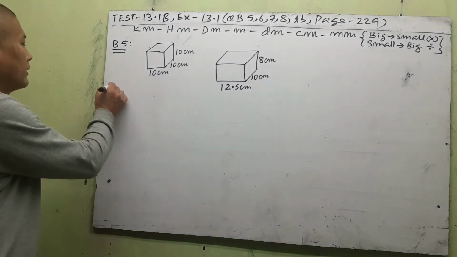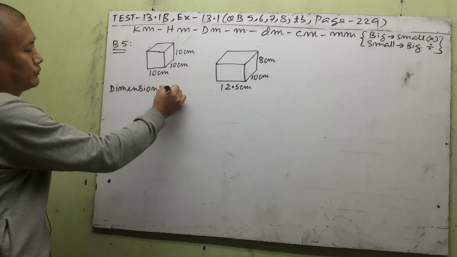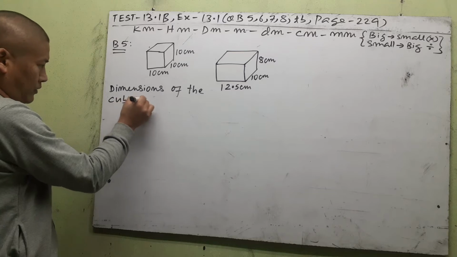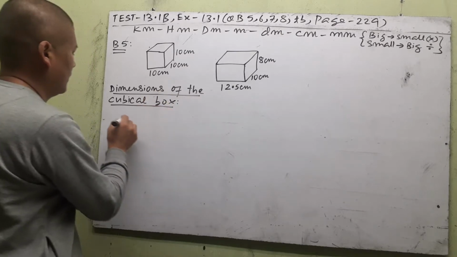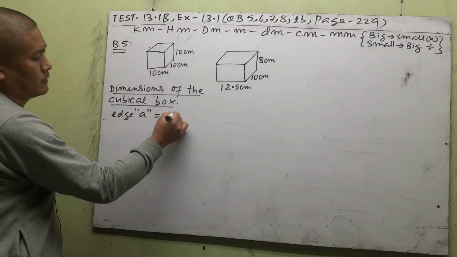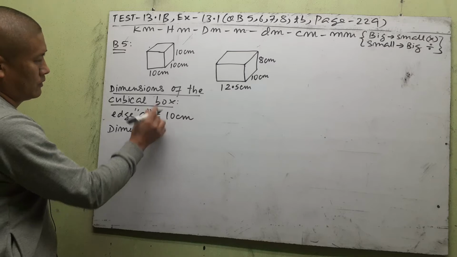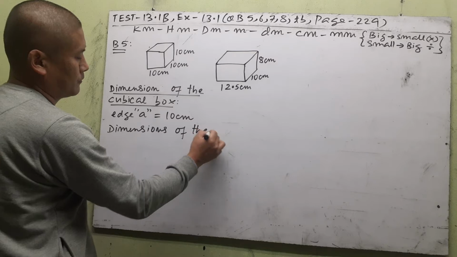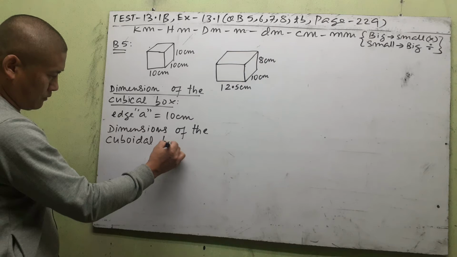First one. So write dimensions first. Dimensions of the cubical box. See, the edge is denoted by a, 10 centimeter. Then dimensions of the cuboidal box.